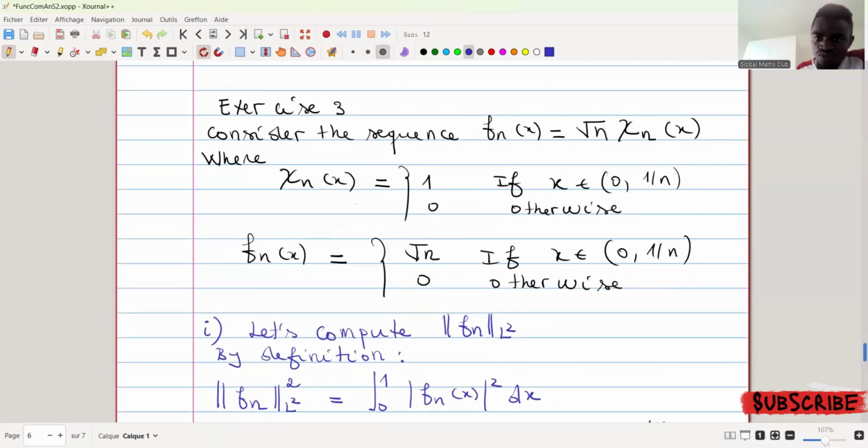So if you don't belong to 0, 1 over n, you cannot be equal to square root of n. So you are equal to 0, because you are in the complementary interval of 0, 1 over n in 0, 1. So you are in 1 over n, 1, which is the otherwise case, and there it is 0.